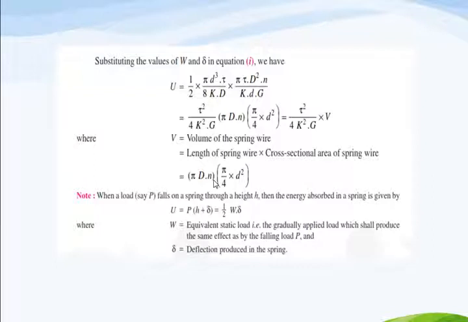into pi by 4 d square. That pi by 4 d square is the area of the spring wire, and the length of the spring wire is pi D into n, which is the perimeter.